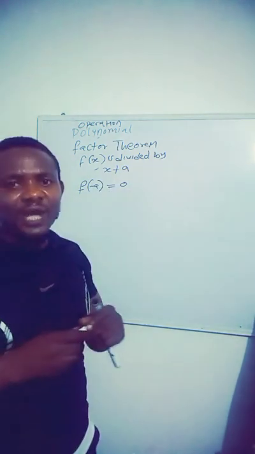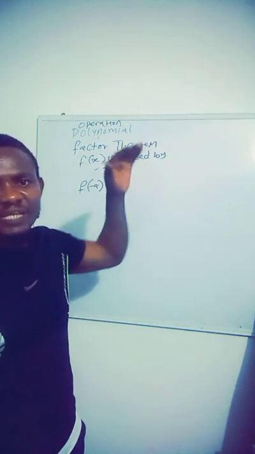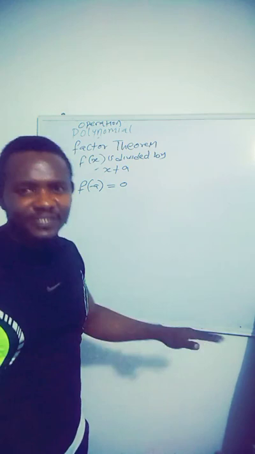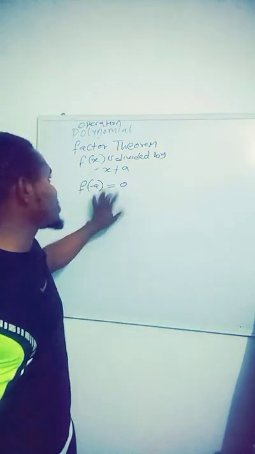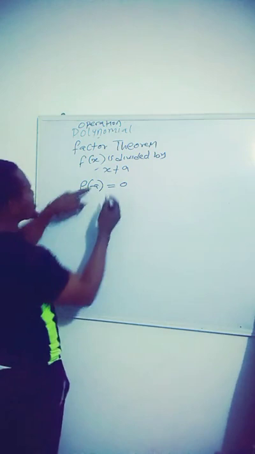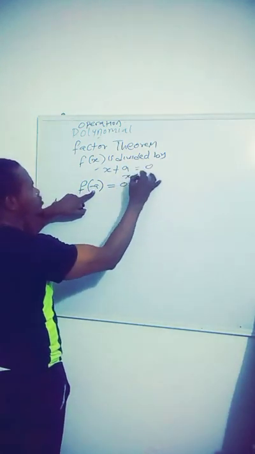That means whenever you are given a polynomial and they say this expression is divided by this factor, it means there is no remainder. The remainder is 0. So that is what this is saying. You equate this to 0, that is how they got minus a. You equate this to 0, x equals minus a.